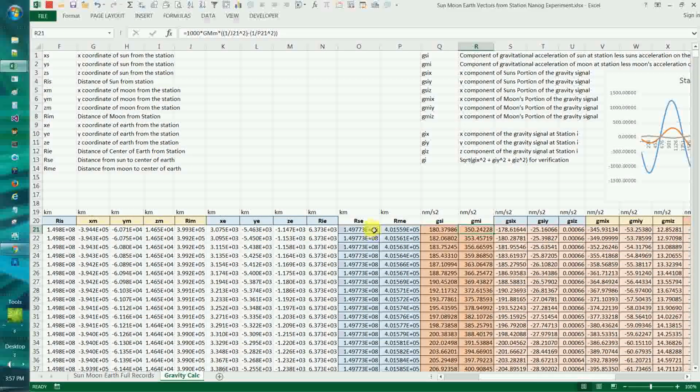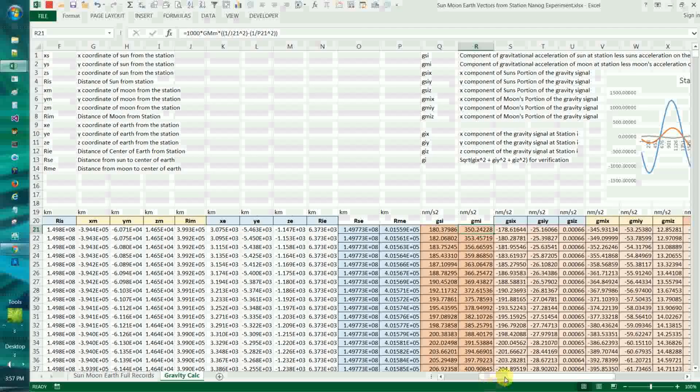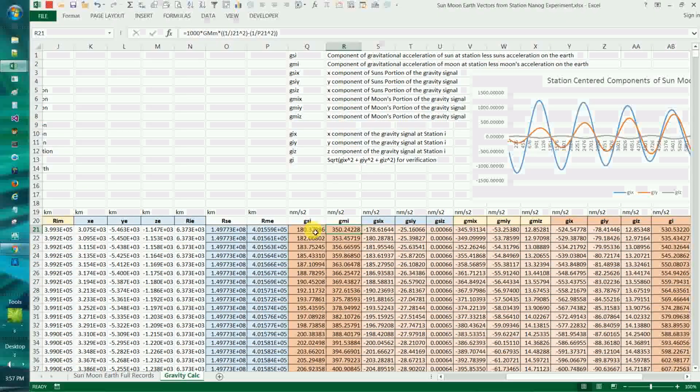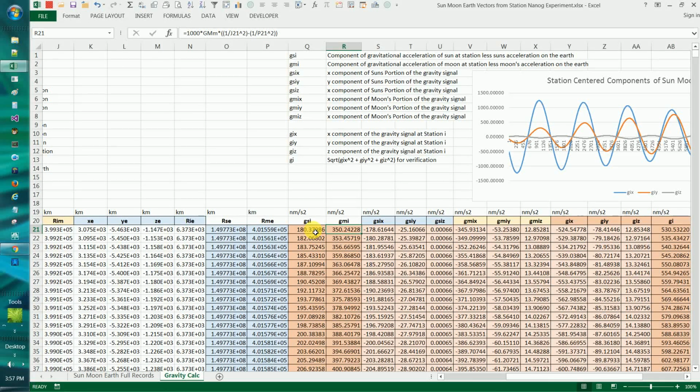From that, I can calculate also the distance from the sun to the center of the Earth, and from the moon to the center of the Earth. I use that in a calculation of the sun's component of acceleration at the station minus the sun's acceleration at the center of the Earth, and the moon's acceleration at the station minus the moon's acceleration at the center of the Earth.